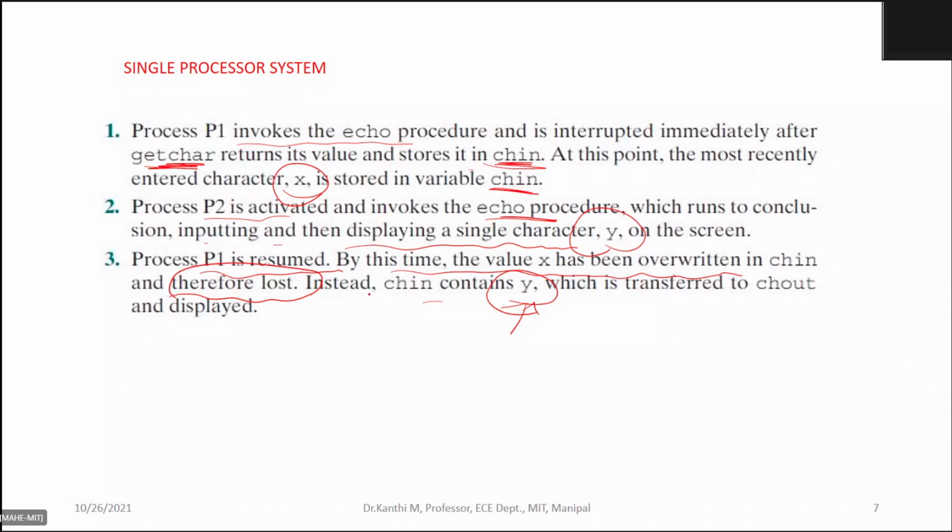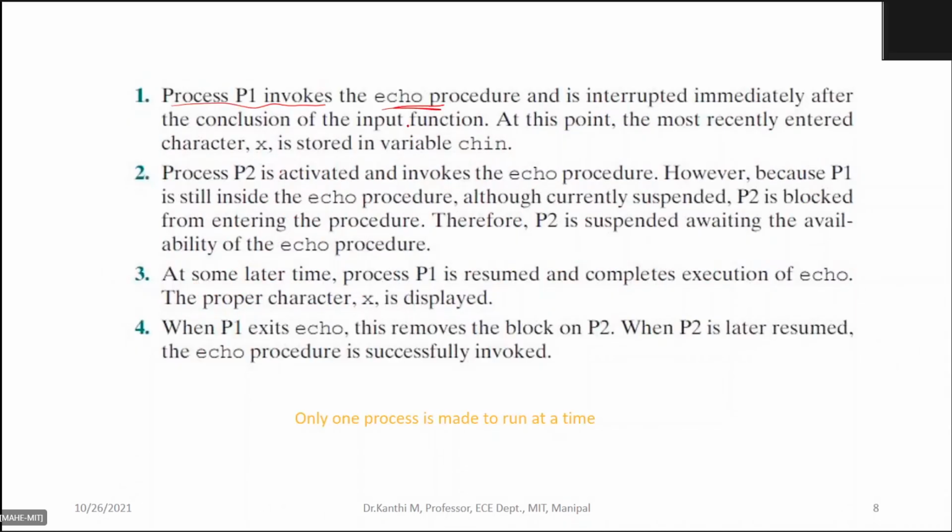Now, suppose process P1 invokes the same procedure and is interrupted immediately after the conclusion of your input function. Suppose the recently loaded character is X, which is loaded in the variable character in, and process P2 is activated because I have interrupted after putting this, and it invokes the same procedure.